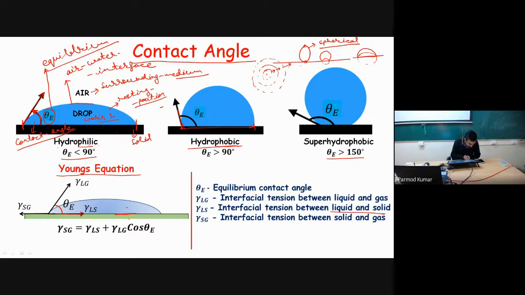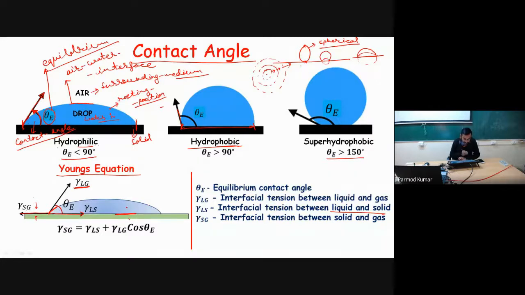Similarly, here we have the interface between air and solid, so I have some interfacial tension between the solid and the gaseous medium, gamma Sg. And then this is the other interface, between the liquid and the gas, so we have some interfacial tension gamma Lg over here.